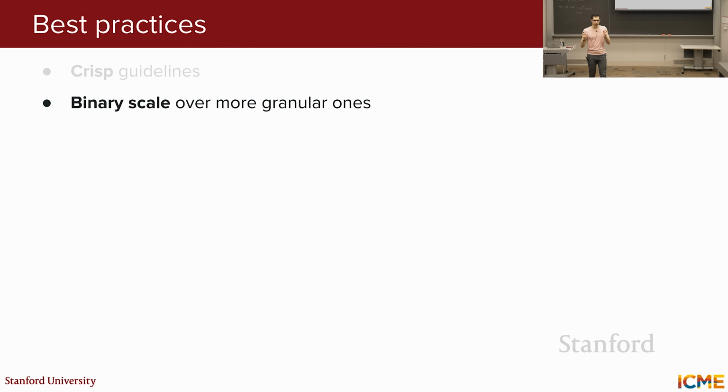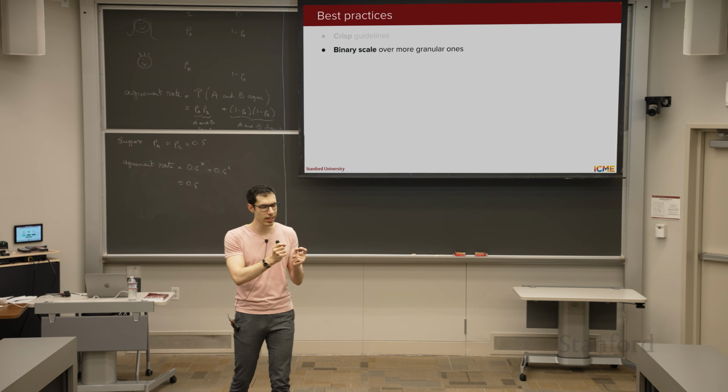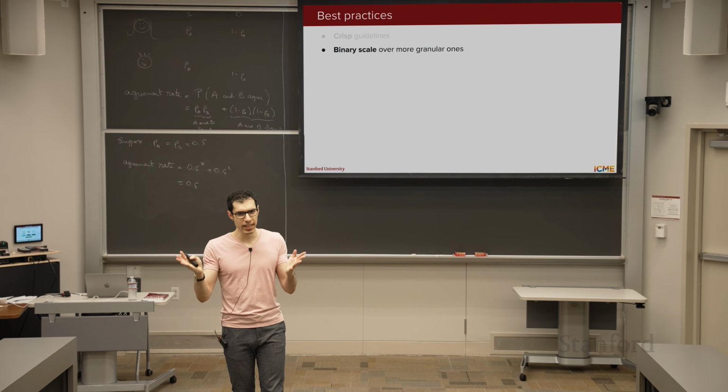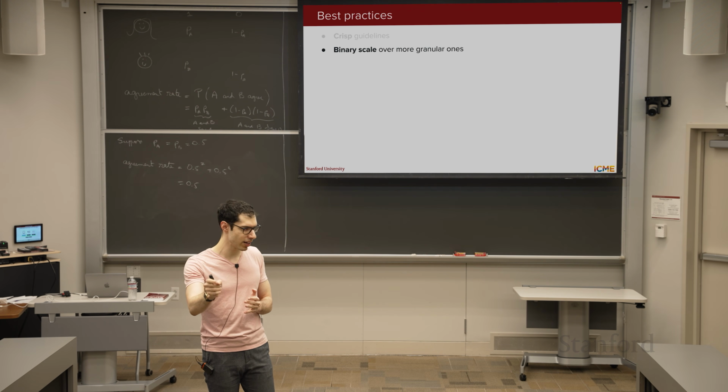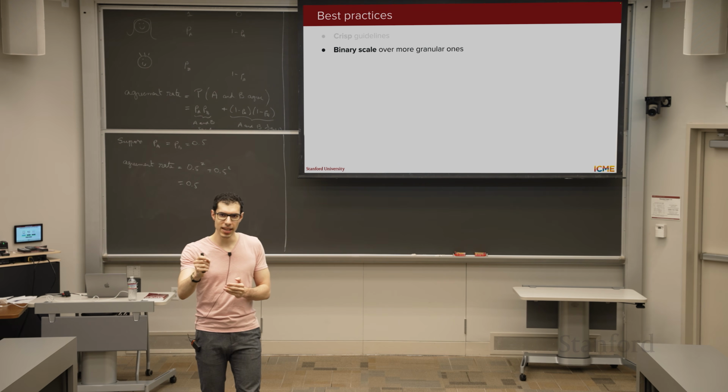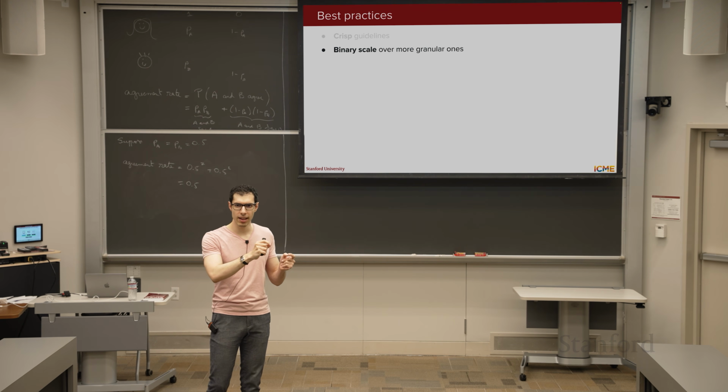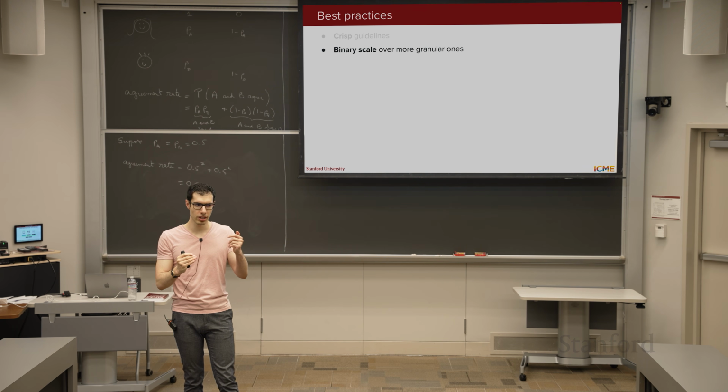The other point is you may see different kinds of scaling out there. So sometimes people have a scale that is maybe more granular, and in other cases we're just operating on a binary scale. Typically what people tend to prefer is the binary one, because it makes the job of the LLM-as-a-judge easier. It's just either good or bad.